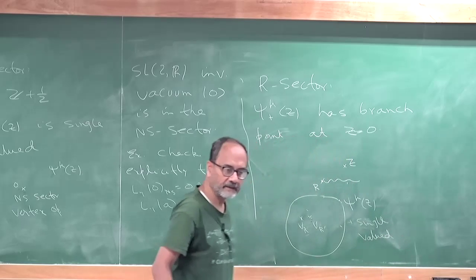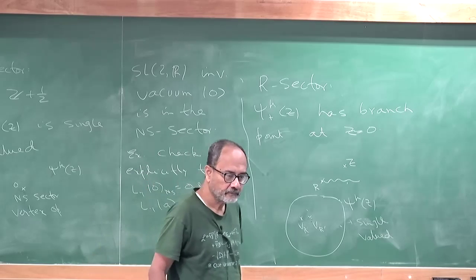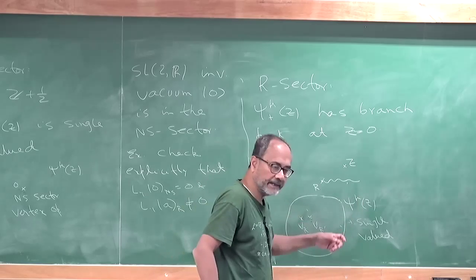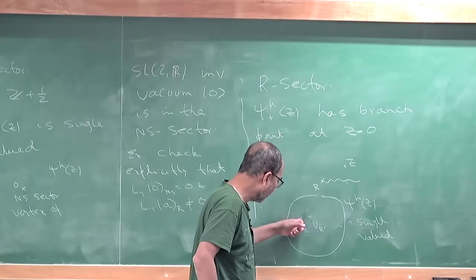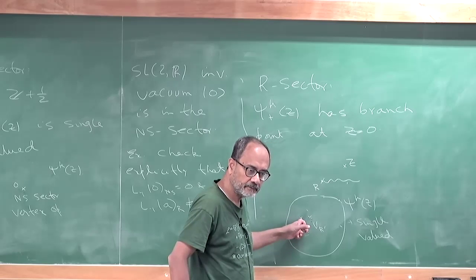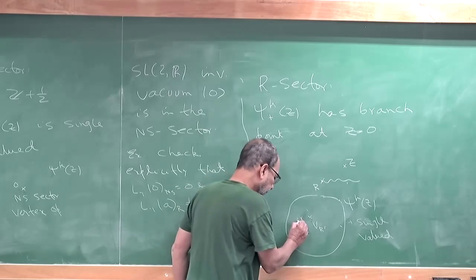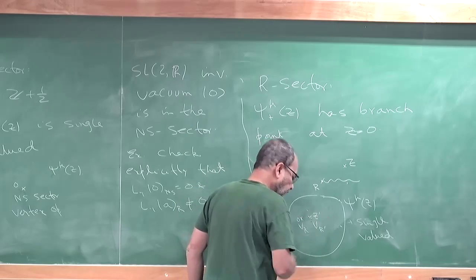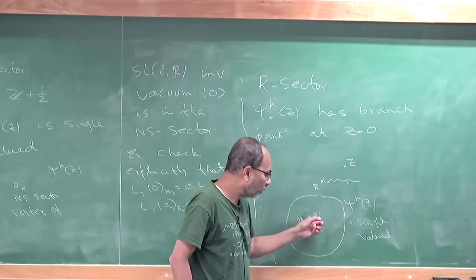Yeah, you had. So you put two vertex operators on the plane. Yeah. So as a function of Z, there is a square root branch point at 0. Square root branch point only at 0, right? This is 0, this is Z prime. So there is a square root branch point at 0 and a square root branch point at Z prime.